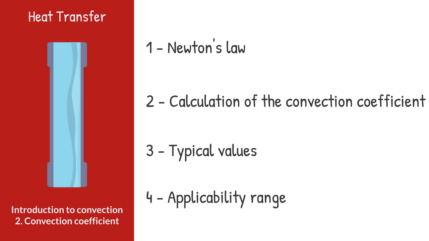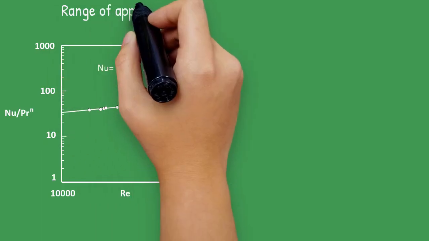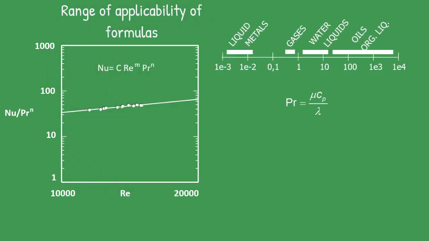Last but not least is the range of applicability of the formulas. The first range is the Prandtl number. This number relates the hydrodynamic boundary layer thickness to the thermal boundary layer thickness, being 1 when both layers are equal.